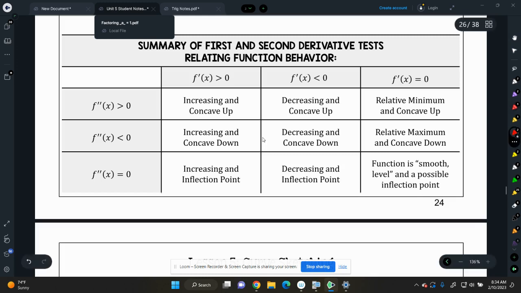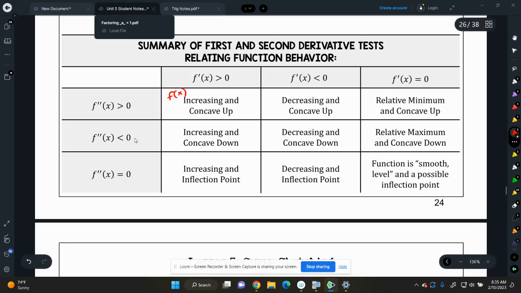This is referring to f of x, right? If f double prime is positive, but f prime is negative, then we know it's concave up and decreasing. If we have positive f double prime, but f prime equals 0, then we have concave up and we have a relative minimum.